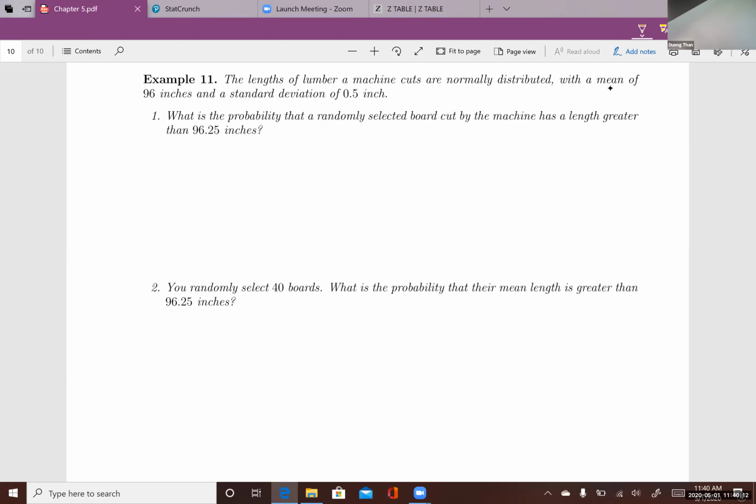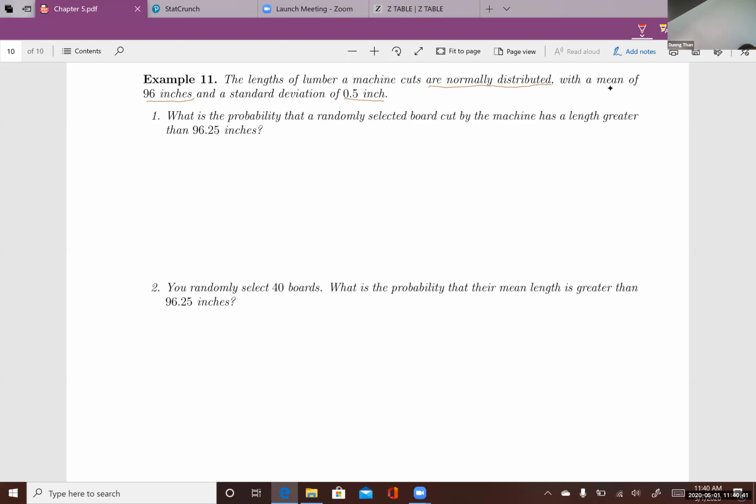The lengths of lumber a machine cuts are normally distributed with a mean of 96 inches and a standard deviation of 0.5 inches. Okay. What does it tell you? It tells you that if you use a machine to cut lumber, the lengths of all the lumber are normally distributed.